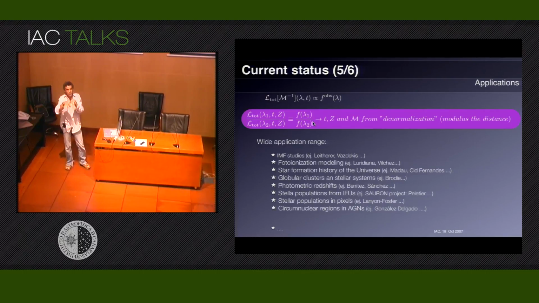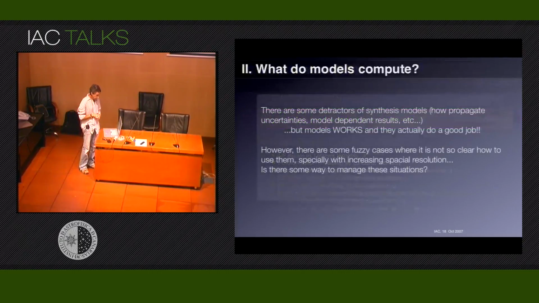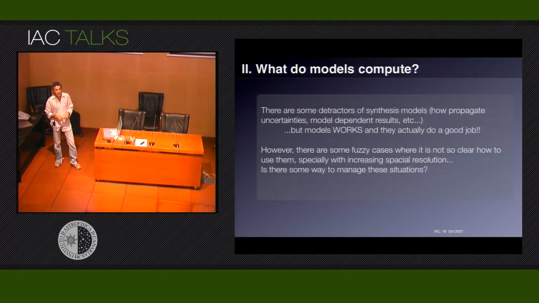If you make a color, this dependence on mass, you fit it and you obtain the age and the metallicity of the population, and from the normalization, you obtain the mass of the population. It has been done in initial mass function studies, photoionization modeling, star formation studies of the universe, photometric redshift, a lot of things, okay?